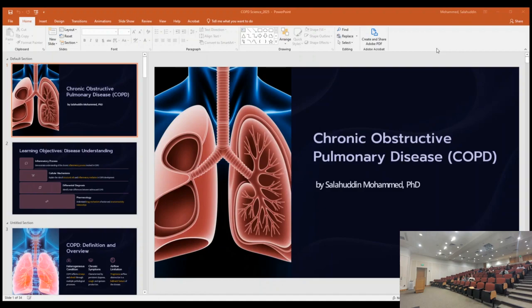Roflumilast is not just helping with your contraction. It also causes inhibition of fibrosis and also inflammation. Like, it's a drug which can do three things. What are they? It reduces inflammation, it reduces fibrosis to some extent, which is basically the fibroblast formation around your epithelial cells, and then also relaxes the smooth muscles.